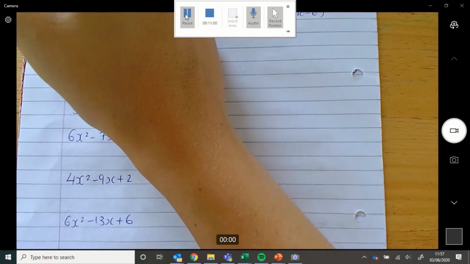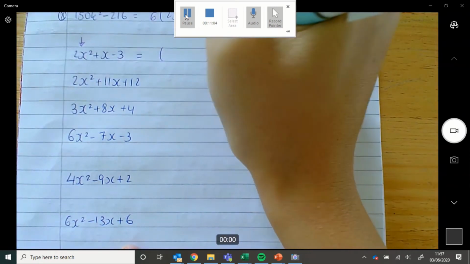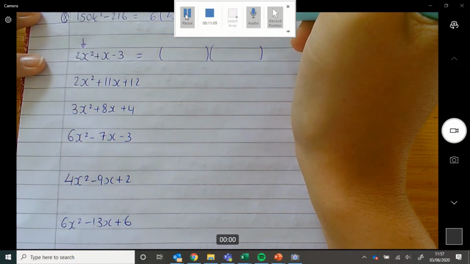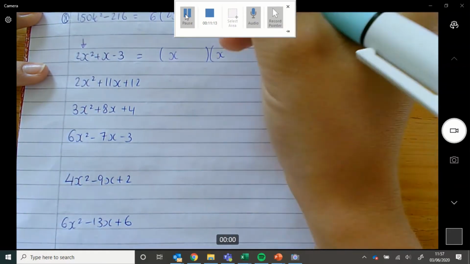And we said right at the beginning when we're factorising something that needs to go into double brackets, the first thing we need to think about is what would I multiply together to give 2x squared. Now before, when I had x squared, it was quite obvious that it was x and x, but now it's 2x squared.